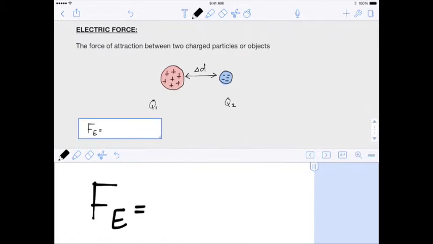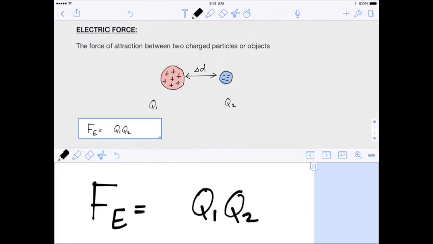What should determine the force between the two? Well, it should depend on how much charge each object has. So it should depend on the charge of object 1 and the charge of object 2. Secondly, it should depend on how close they are together. The closer they are, the stronger the force of attraction.